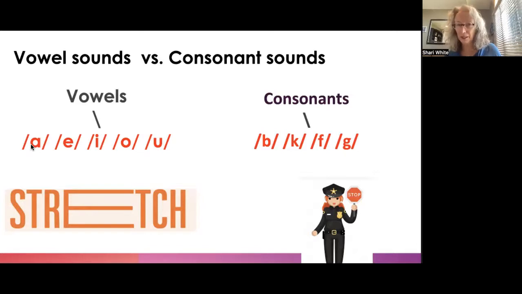Not in Portuguese, by the way. Not in Portuguese, this sound. The letter is, but it makes a different sound. This one, the letter is the sound eh, like in red, not in Portuguese. Okay, you're starting to see a pattern here. This letter I is in Portuguese, but it makes a different sound.